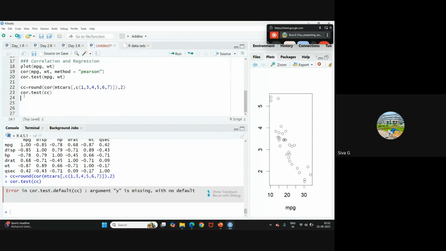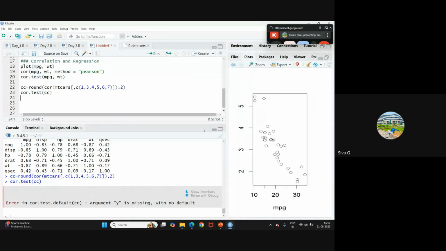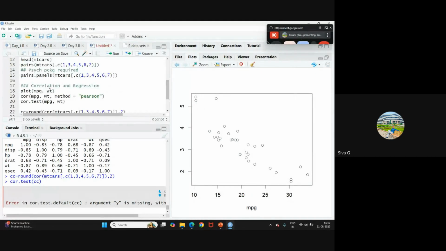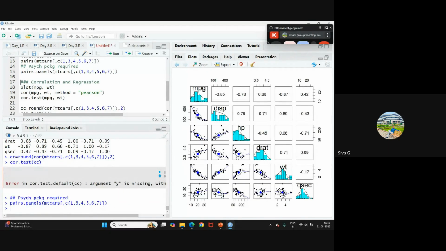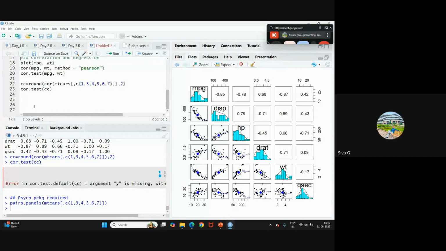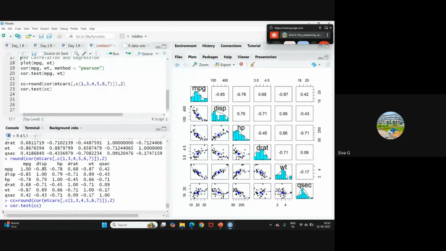I want to show you how to test all the relationships at a time. Actually, in the base function itself, we are not getting the significance of the correlations. What I'm conveying is, here we got a correlation matrix. Earlier we got only one correlation and we tested it.